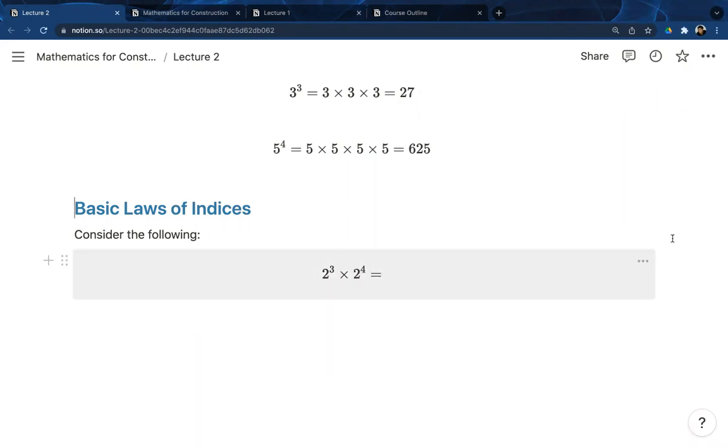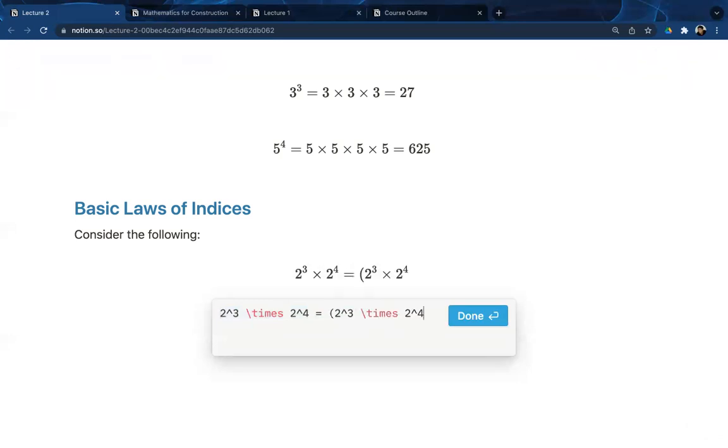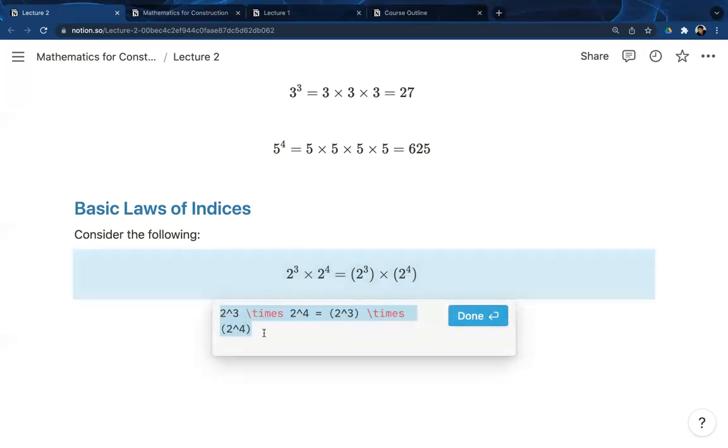Let's really write what it means, in the sense that we will rewrite the question but put it in brackets. So 2 cubed, I'm going to compute that separately, and 2 to the power 4, I'm going to compute that separately. Well, what's 2 cubed?